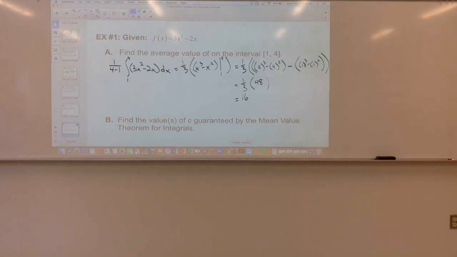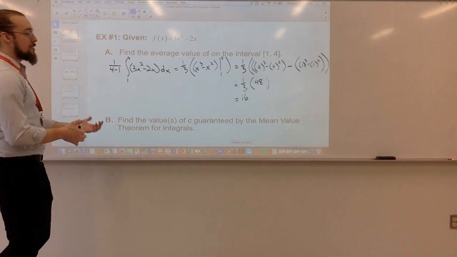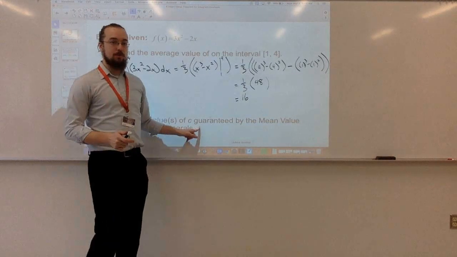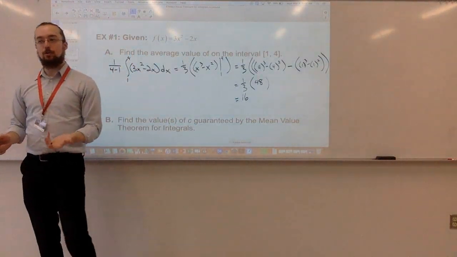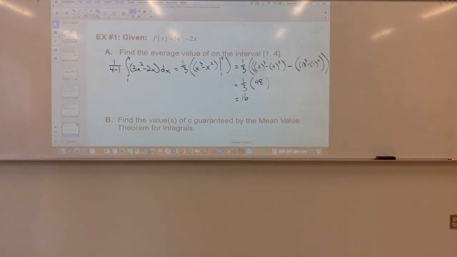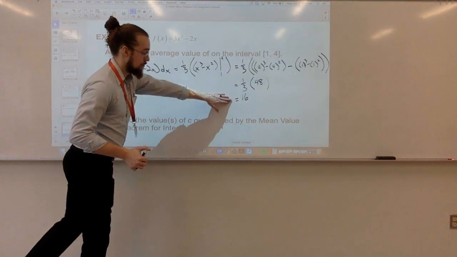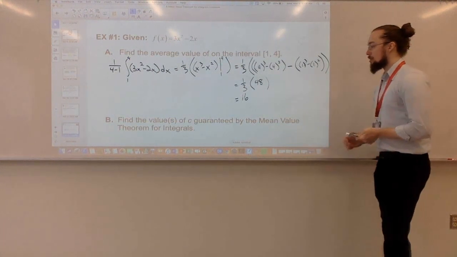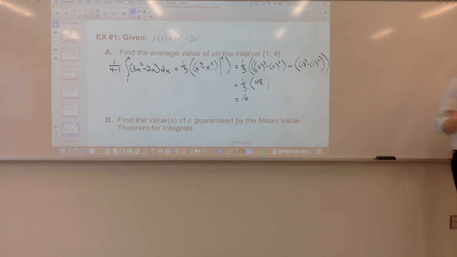So then the second part, find the values of C guaranteed by the mean value theorem. What that's asking me to do is find x values where we get a y value of 16. So we found that the y value is 16. How would I then find where the x values are that correspond to a y value of 16?